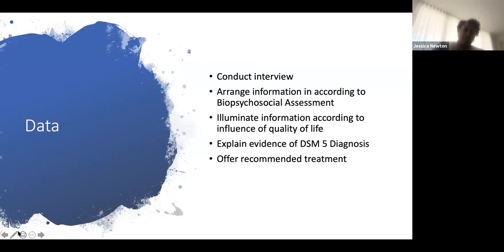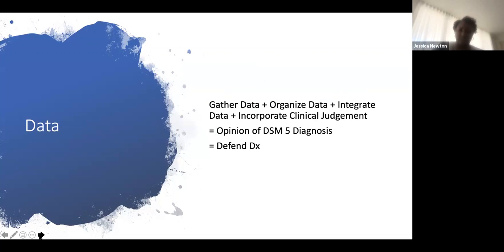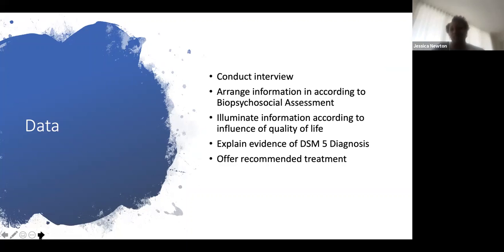So we have somewhat of an equation here, but what does that look like? That looks like we conduct an interview. That's when we engage in a conversation and we gather what are the concerns in the person's everyday life and what are the concerns that have been increased stressors. We arrange that information.